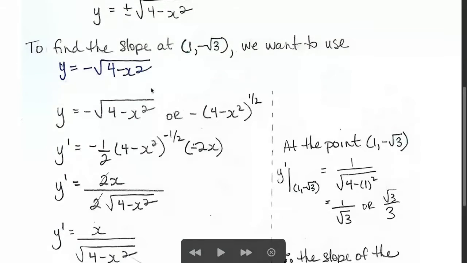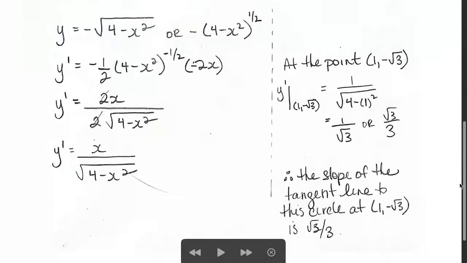When I have a square root, I like to rewrite it as an exponent. So I just rewrote this function as negative bracket 4 minus x squared to the power of 1/2. That allows me to easily take the derivative using the chain rule. So I'm going to bring down that 1/2. So I get negative 1/2, 4 minus x squared to the power of negative 1/2.